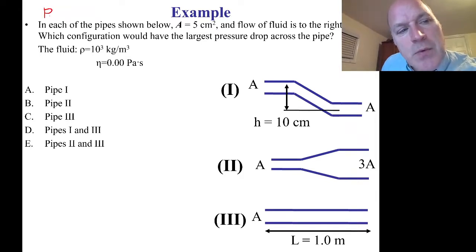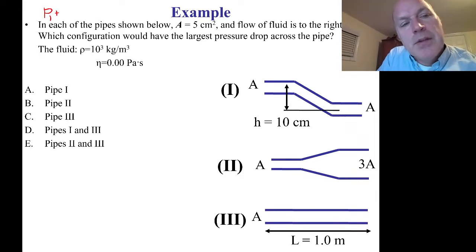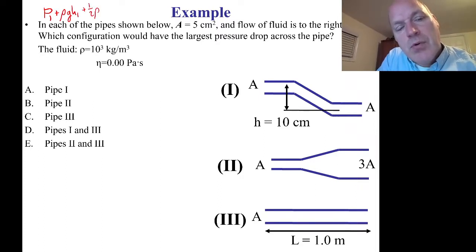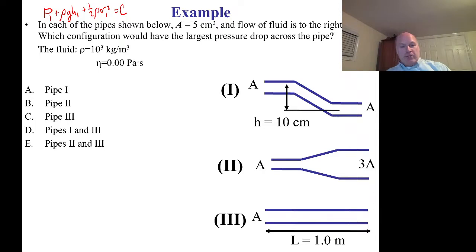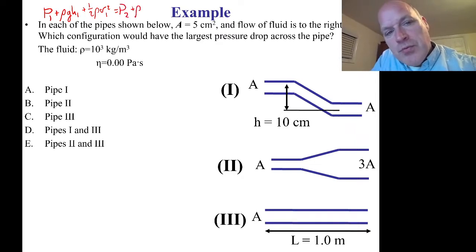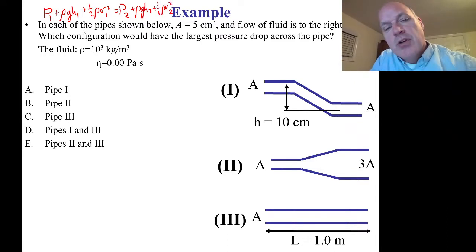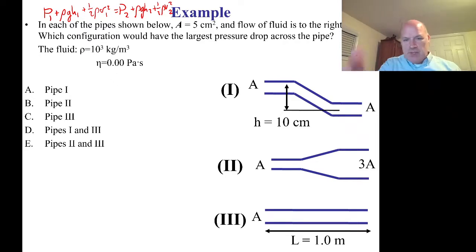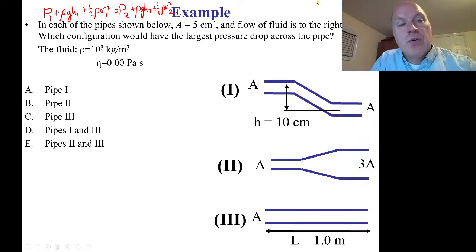P1 plus rho g h1 plus 1/2 rho v1 squared is equal to P2 plus rho g h2 plus 1/2 rho v2 squared. So that's Bernoulli's equation. We're going to be using it for these three cases, and we're going to try to compare the pressure drop. So what's going to be the difference between P2 and P1?